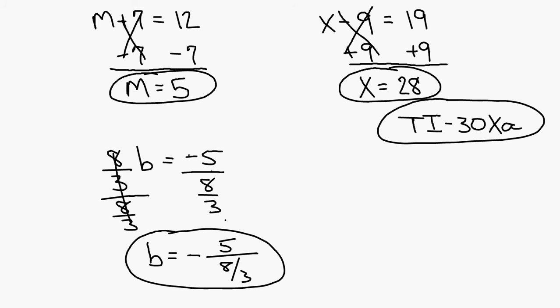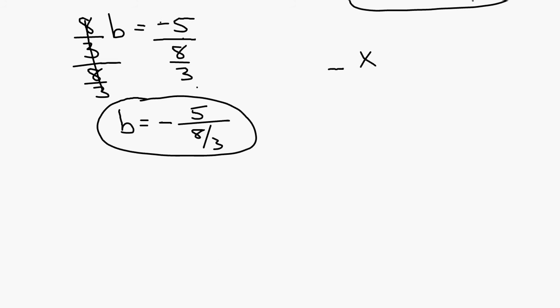Very good. You may see a problem in your assignment today that looks like negative x over 10 is equal to 5. In this example, the variable is being divided by 10, right? Or to save yourself a step, the variable is being divided by negative 10. What's the opposite of dividing by negative 10?